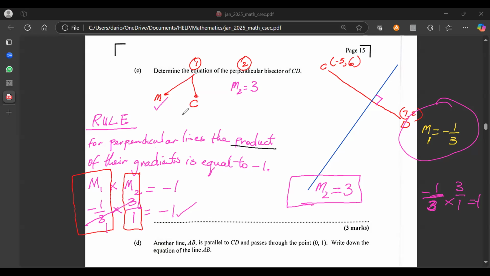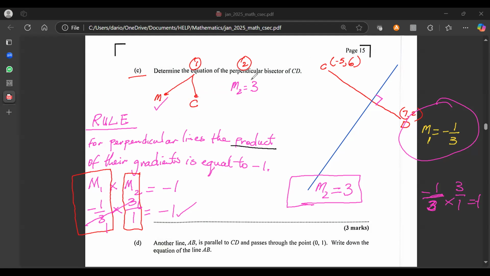Right. So let's start all over, people. I'm backing up, for those who may not have paid attention. The last part of the question said, determine the equation of the line. I said equation means you have to find M, the gradient, and C, the y-intercept.